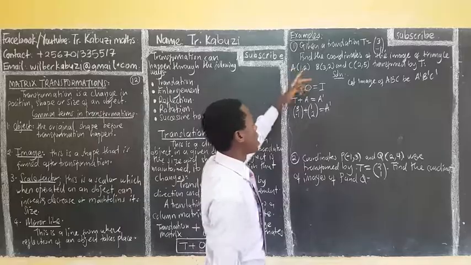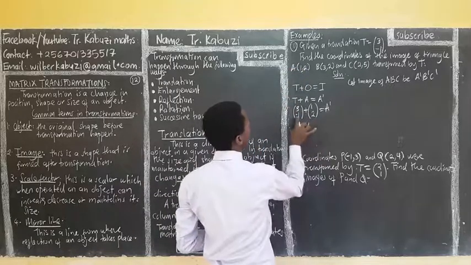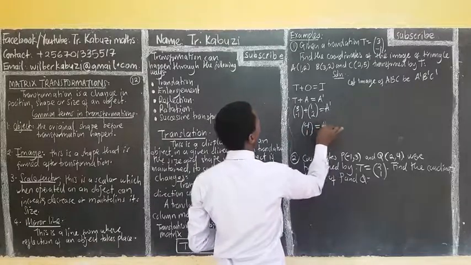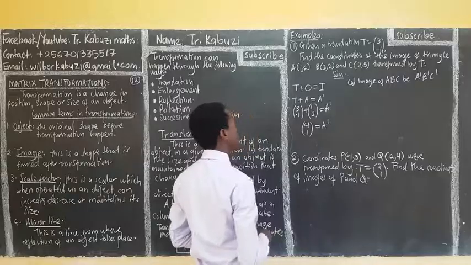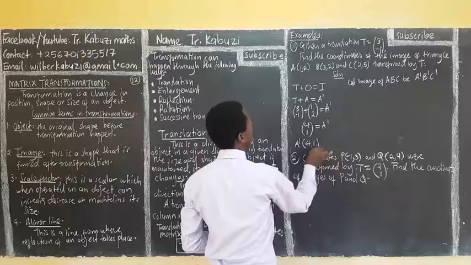We add it. When you add, you get a 4. Negative 1 plus 2, you get a 1, equaling A prime. But remember they asked for a coordinate. So A prime, the coordinate, is going to be 4, 1.